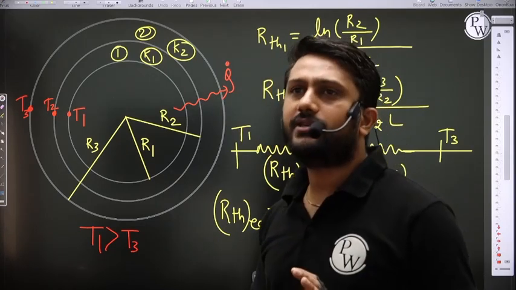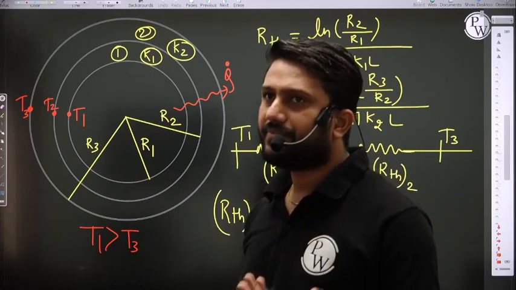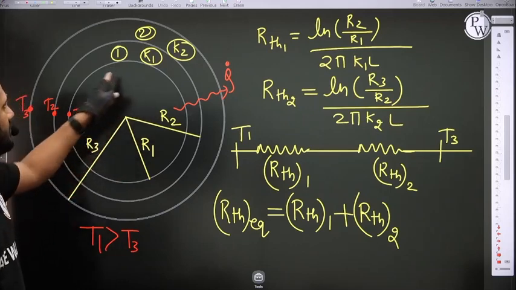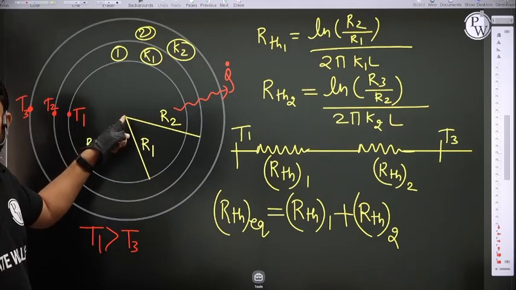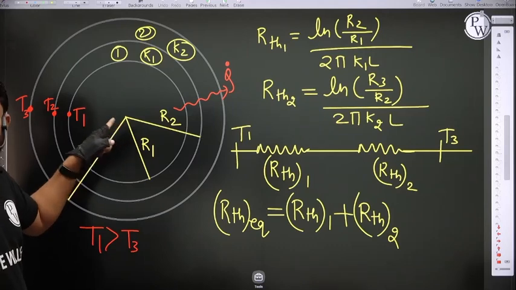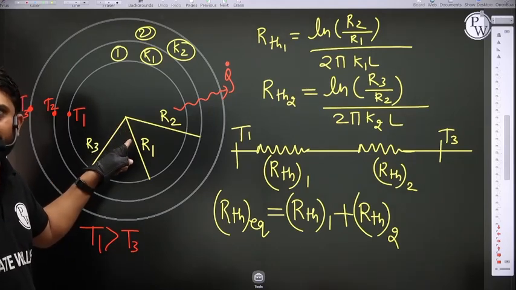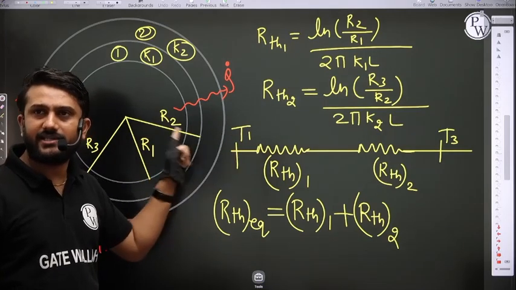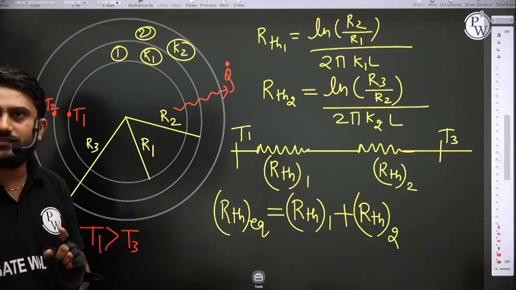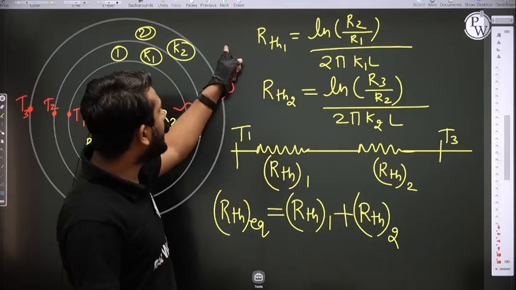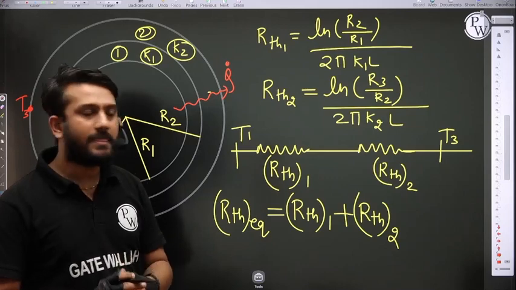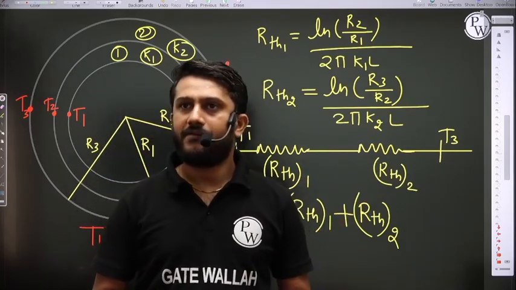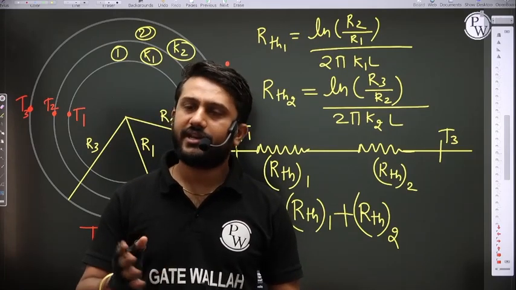So can we find the rate of conduction heat transfer? In a similar fashion, it is a series connection only, right? Hot gas is passing inside this composite cylinder, so one resistance is added, and that is a convection resistance. Similarly, the outside surface is exposed to the ambient, so again one convection resistance is added. Is it fine? So in this way you can find the rate of heat transfer.